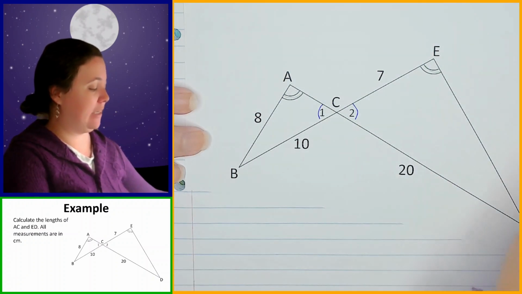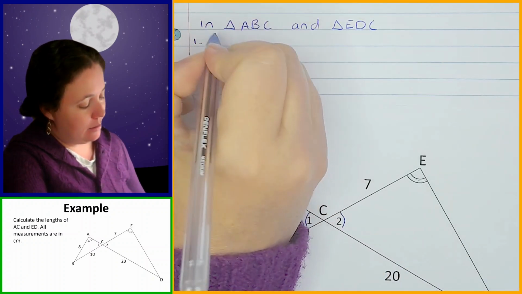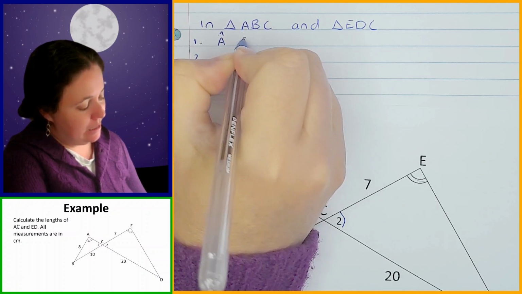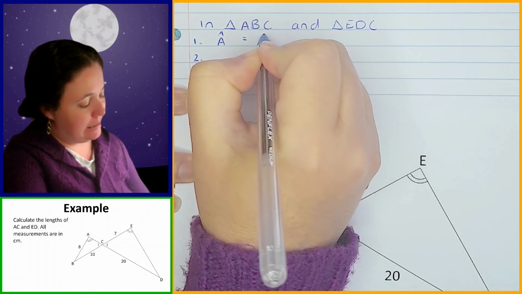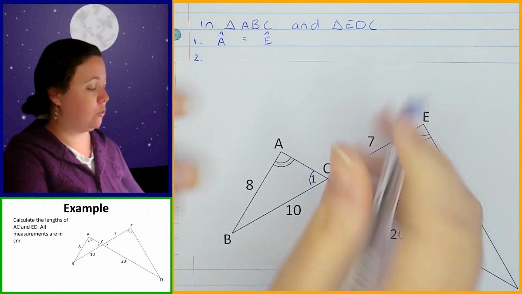Okay, so I can say over here that angle A is equal to angle E. So angle A in triangle ABC is equal to angle E in triangle EDC. And the reason I know that is because they told me that those are equal, so that's given.